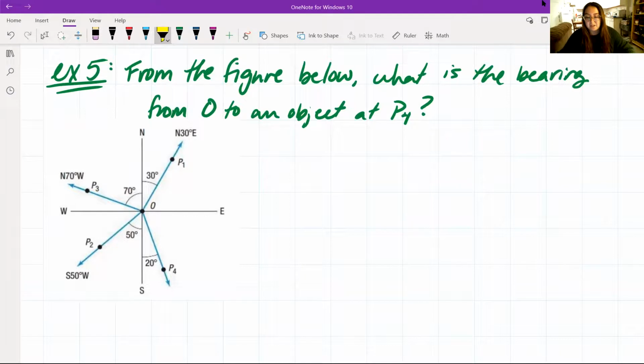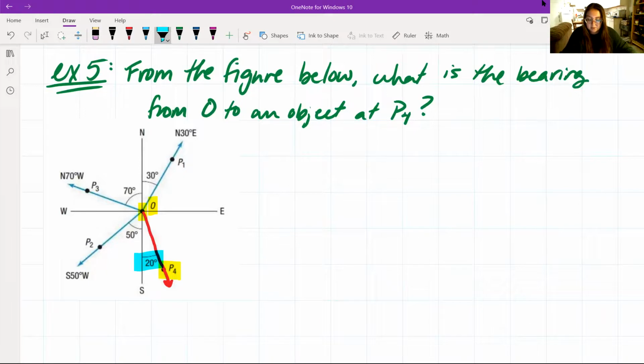So once you have your picture, we're asking what is the bearing from O to an object at P4? All we have to do in our case is look for our point O and our point P4. We see we have our ray coming through here, and our bearing is just going to be this angle measurement.